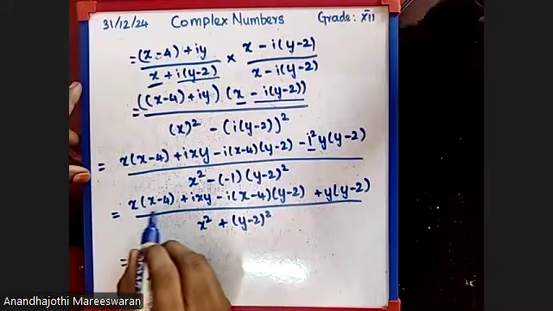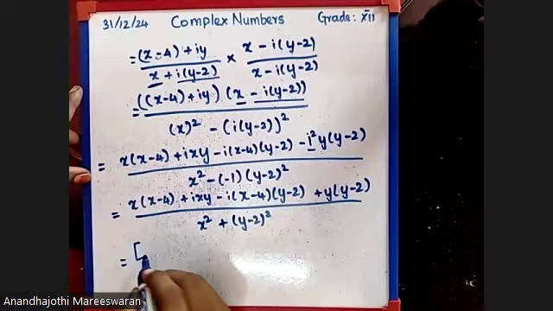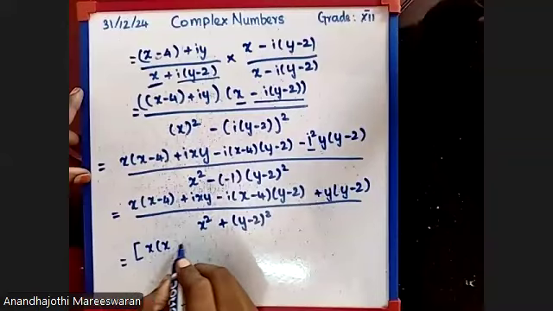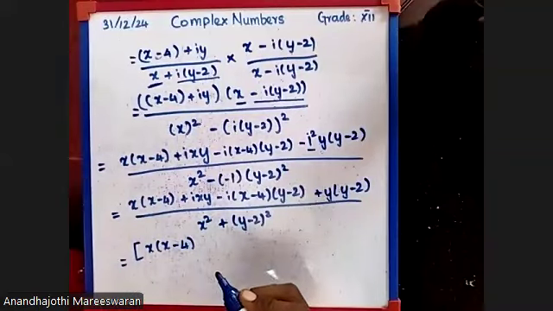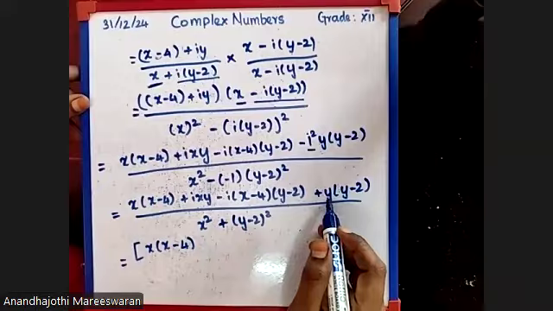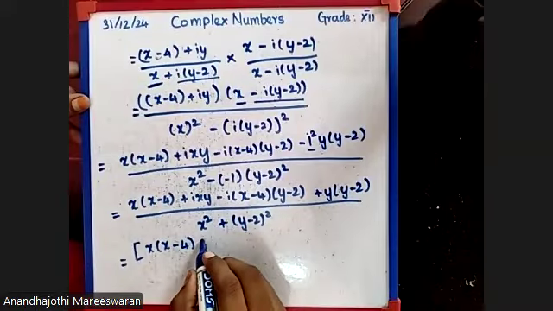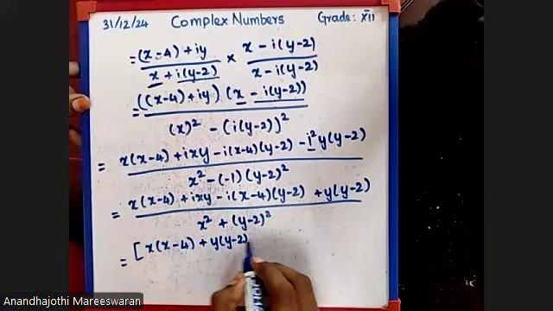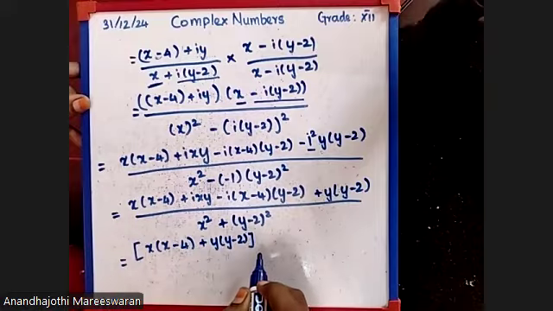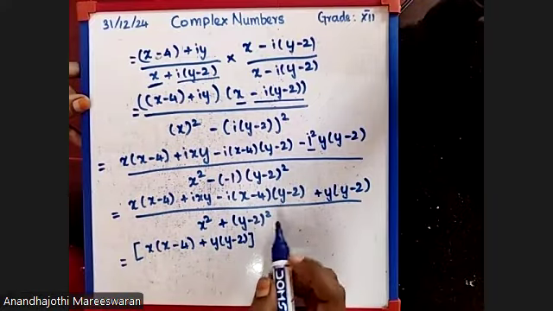Who are the real terms here? x into x minus 4, right? Then who else is here? y multiplied by y minus 2. So plus y multiplied by y minus 2. These lie in the real part. Who lies in the imaginary part? These two, right?